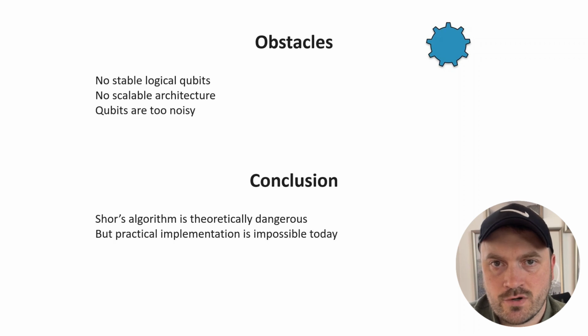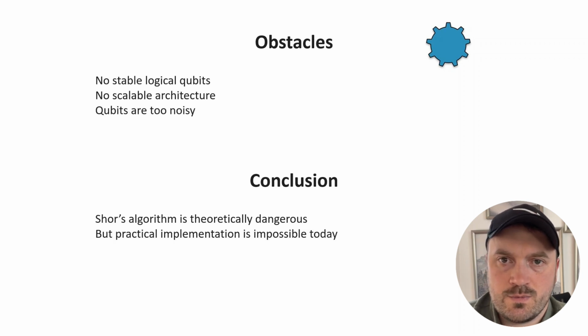To run Shor's algorithm on a 256-bit key, we need about 512 logical qubits. That means from 50,000 to 100,000 physical qubits. And not just qubits, but stable, coherent, precisely synchronized ones. Such quantum computers simply do not exist yet.